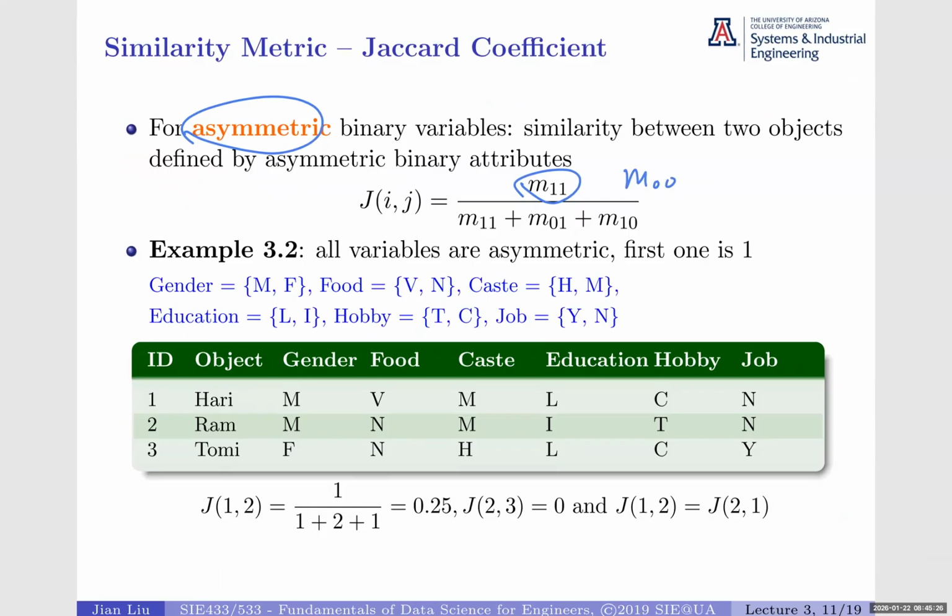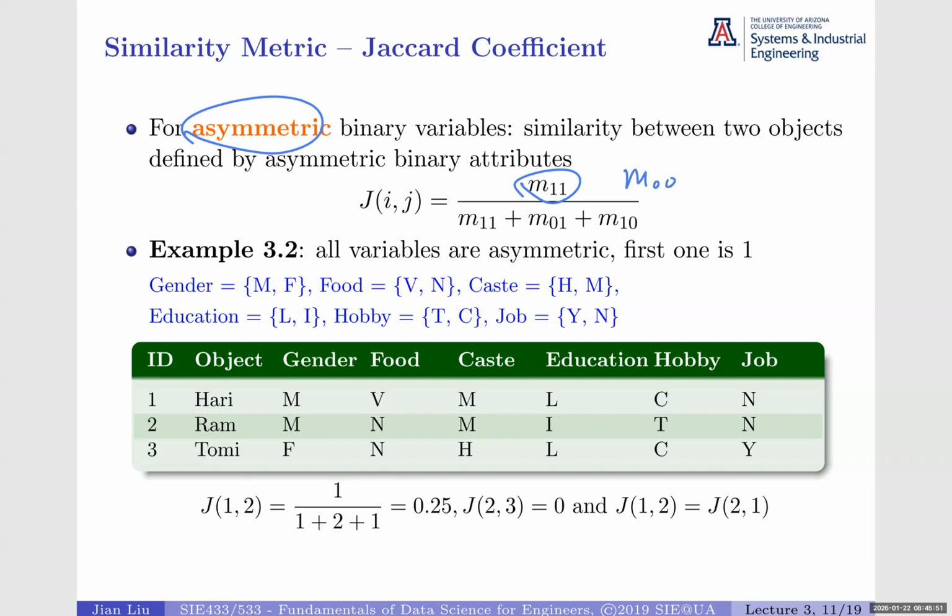The Jaccard, you can work on this yourself, right? So we list all 3 data objects. They are modeled by these symmetric and asymmetric binary variables. We only consider those asymmetric variables. Gender, symmetric, right? The food, good or bad.